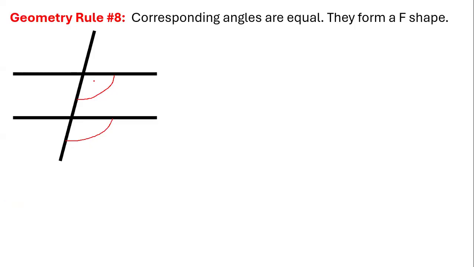So this is A, and this is B. Do you all see the F shape? Yes, sir. Good. Very good.